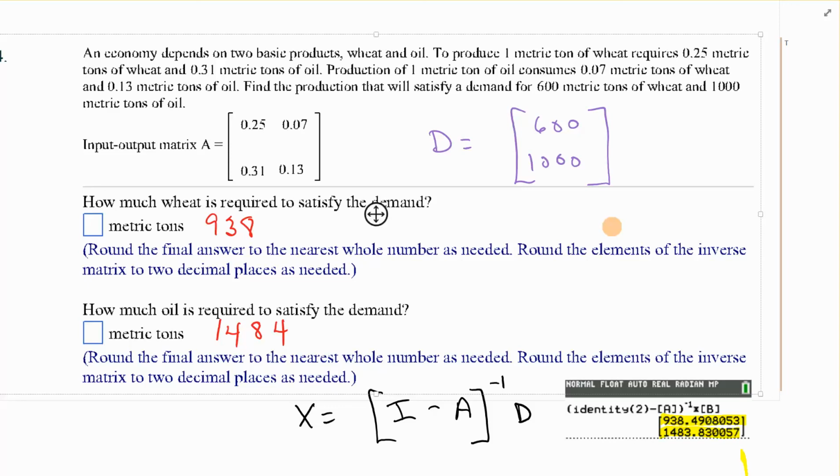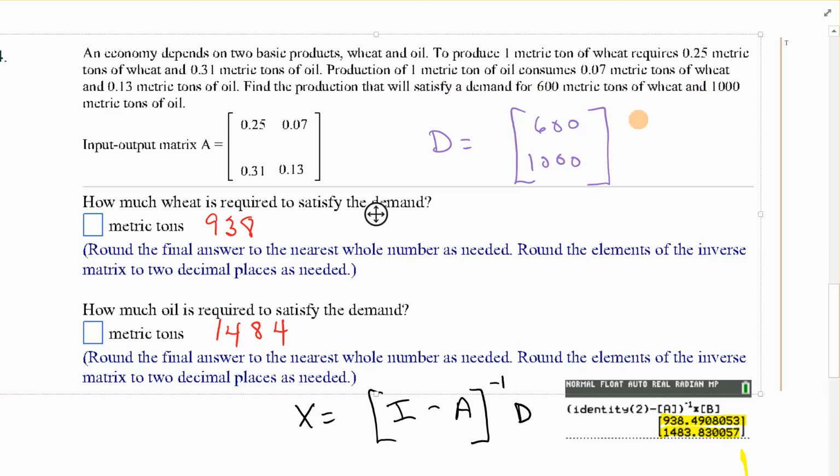Find the production that will satisfy a demand of 600 tons of wheat and 1,000 tons of oil. So, to produce 0.25 and 0.31, we're going to consume this and this. So here is our A, and here's our D. That wasn't given to you, but it was told to you right here.